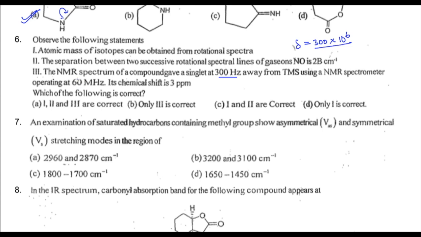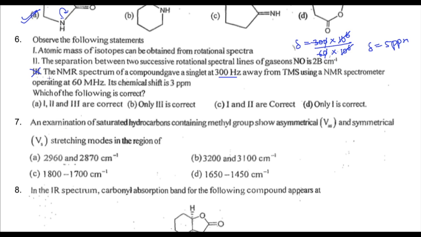The operating frequency is 60 megahertz, which in hertz is 60 into 10 to the power 6. If you cancel this, you get 5. So the chemical shift is 5 ppm, not 3 ppm. So the third statement is obviously wrong.